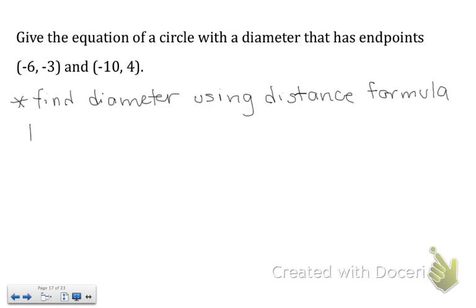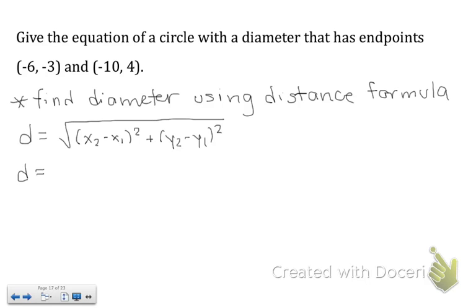So remember that our distance formula is the square root of (x2 minus x1) squared plus (y2 minus y1) squared. Okay. So when we have the points (-6, -3) and (-10, 4), we're going to plug those in as x1, y1, and x2, y2.